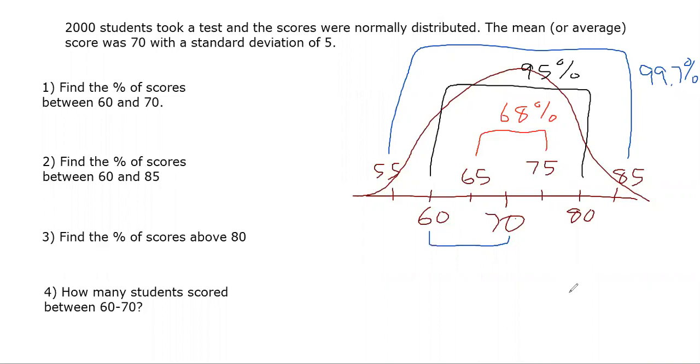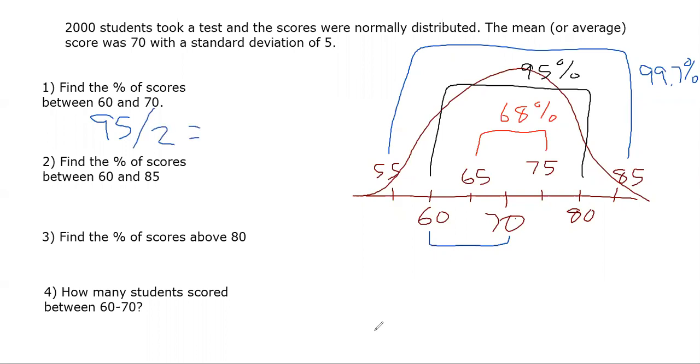Now, if I look at that value that I wanted to focus in on from 60 to 70 here, we know 95% of the data is going to be between 60 and 80. We only want one side of that. So if I were to try to figure out what percentage of data that is, I would take that 95% and divide it by 2.